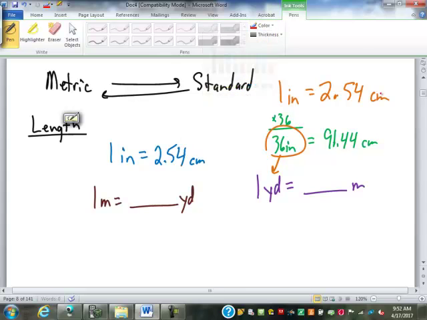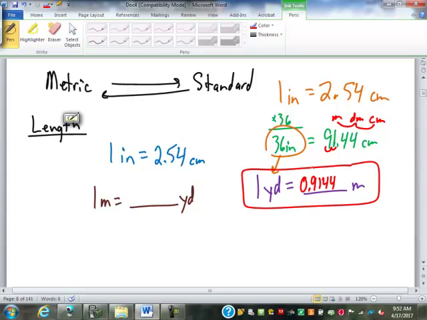To convert that to meters, I'm going 2 spots to the left on my chart. So I move 2 spots to the left. So it's 0.9144 meters. So 1 yard is 0.9144 meters.